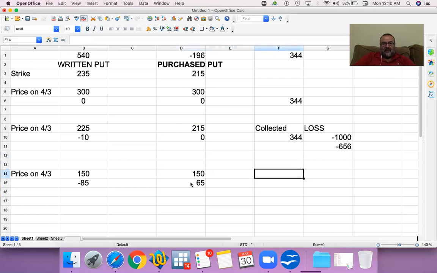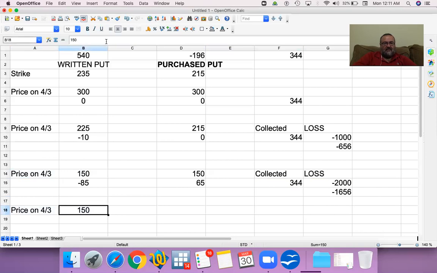So again, we collected 344, and our loss is 85, and we have 100 shares, so times 100, so we lose $2,000. So all in all, we lose $1,656.